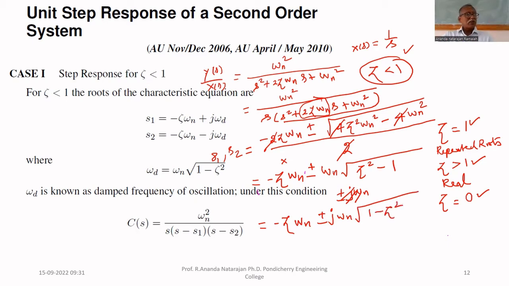Because you are taking minus 1 outside, the square root of minus 1 becomes j. So it is always a complex root. S1 and S2 are equal to this.